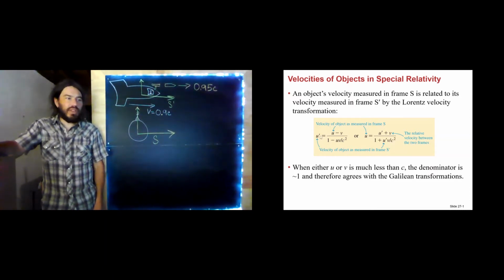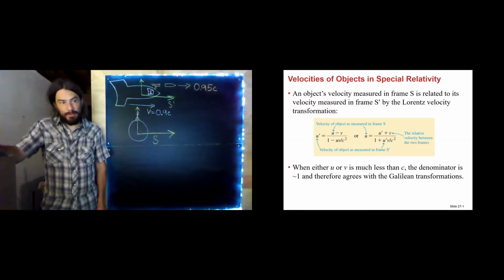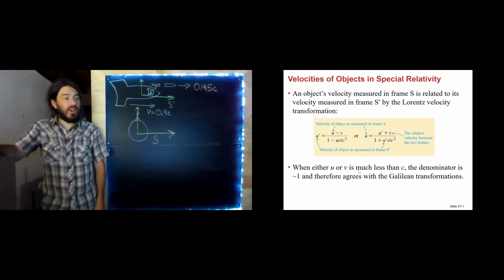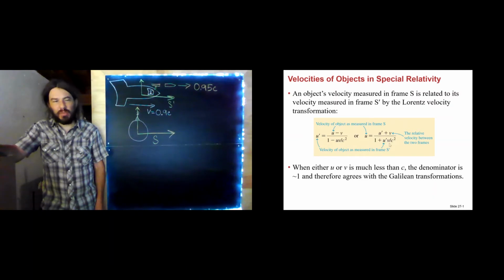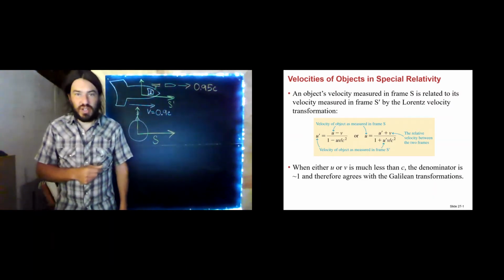Again, the primed are the velocities of an object in frame S prime. And again, we're using U for the velocity of the object, and we're using V for the velocity of the reference frame. And do notice that if either U or V is much less than C, then this term right here becomes very small, basically goes away, and we're left with Galilean velocity transformation.